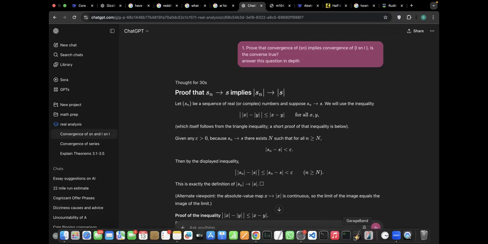For example, let's suppose that Sn is equal to 1 upon n.